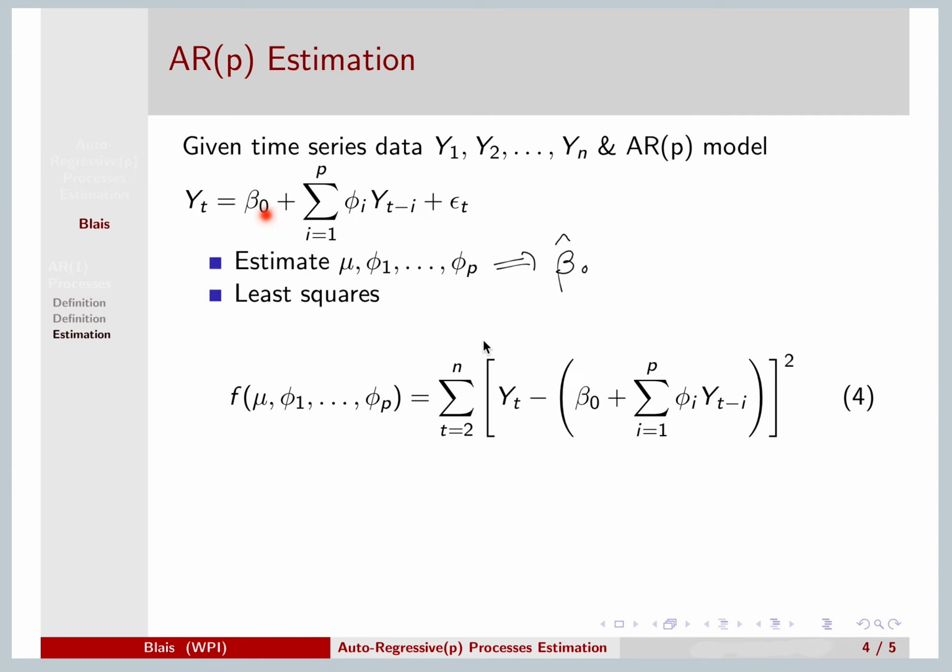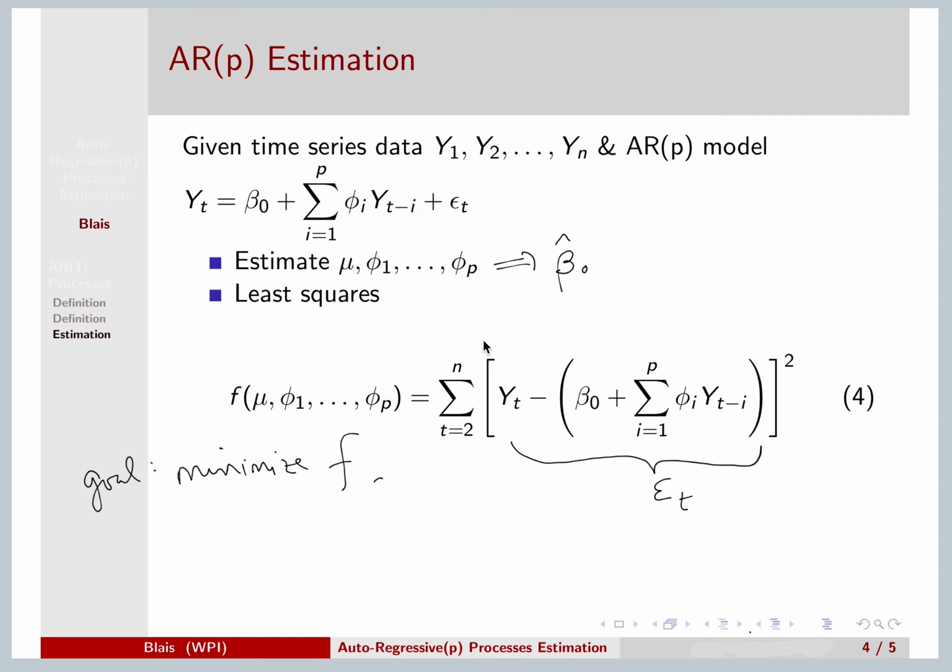Put another way, if you subtract the right-hand side of this expression from both sides, you see that this expression inside the square is nothing more than epsilon t. So we're taking the sum of the squares of the errors, of the white noise terms. And our goal is to minimize this function f.